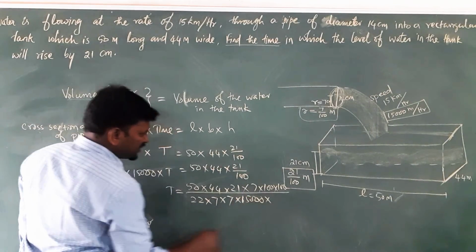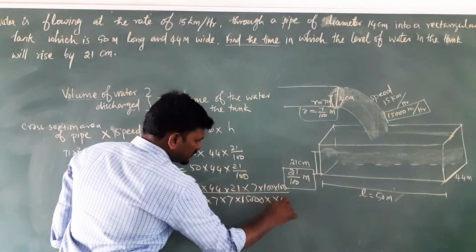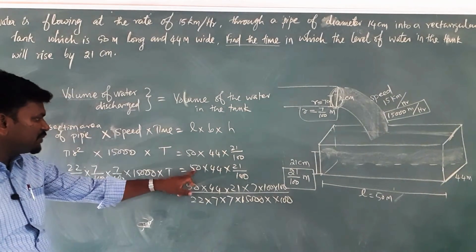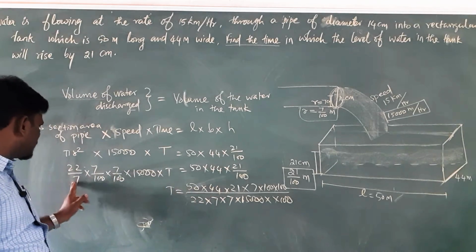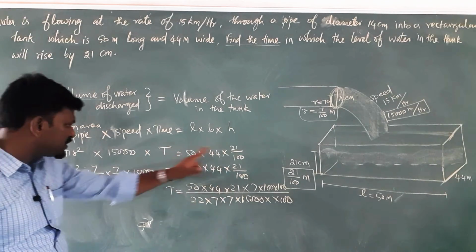We are simplifying the 100. All the numbers 50, 44, 21, then the numbers which are in the denominator become the numerator.